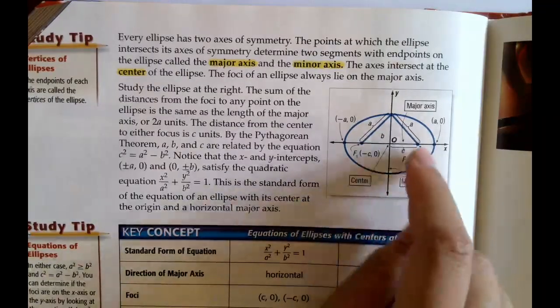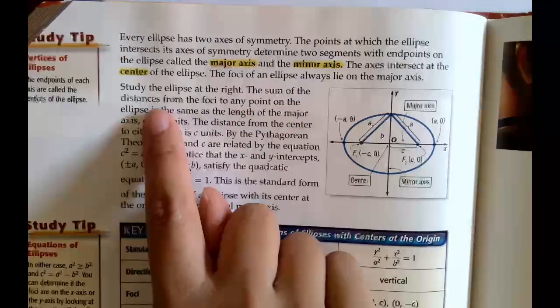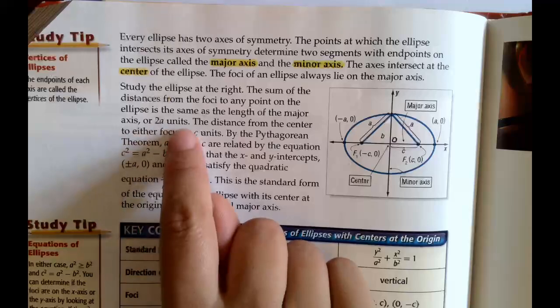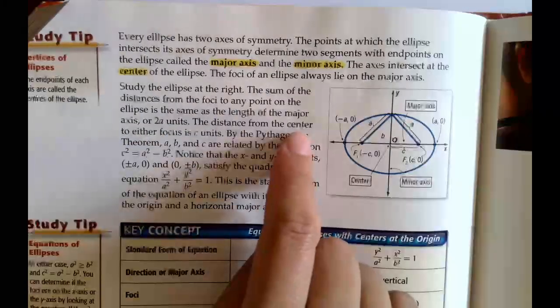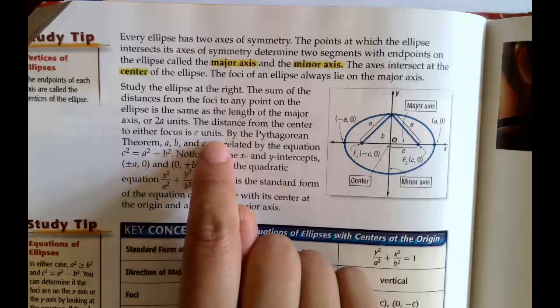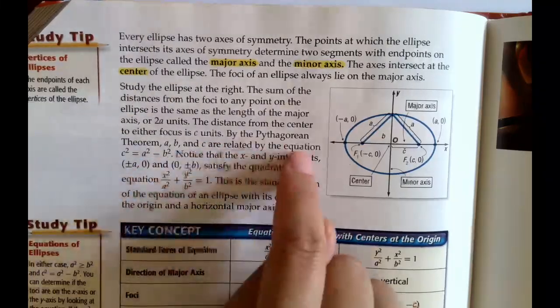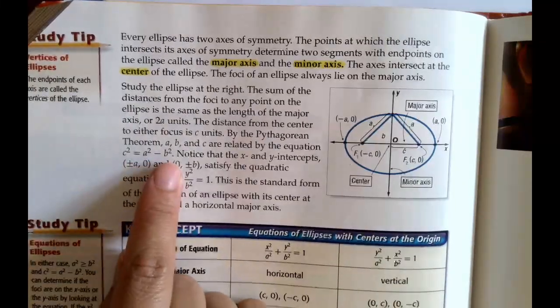If you study the ellipse here on the right, again, the sum of the distances from the foci to any point on the ellipse is the same as the length of the major axis, or 2a units long. And the distance from the center to either focus is c units long. By the Pythagorean theorem, we get the formula: c squared equals a squared minus b squared.